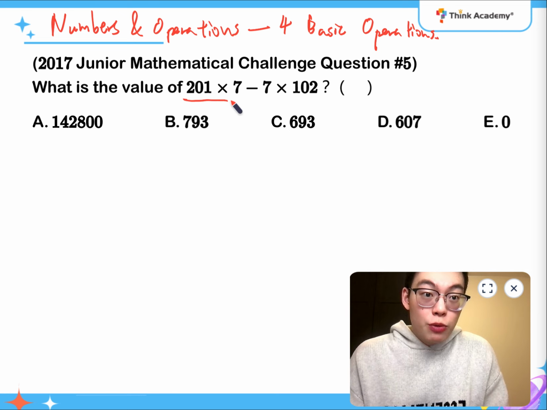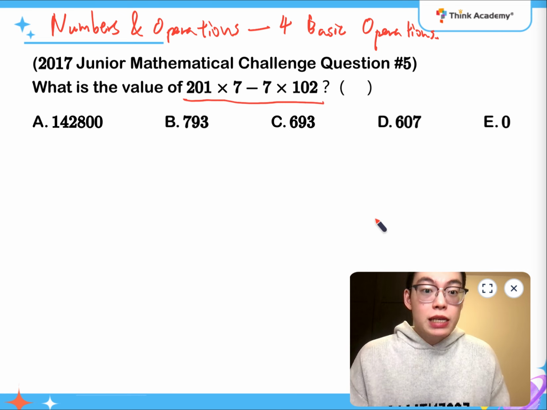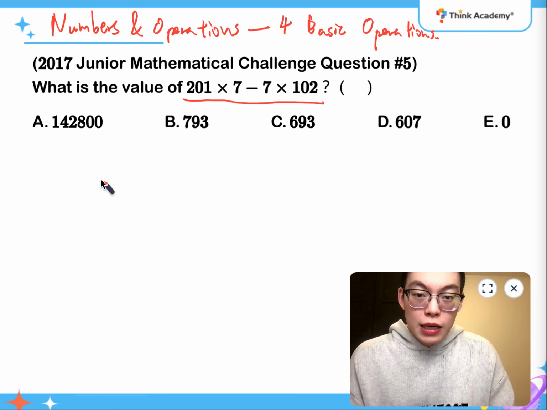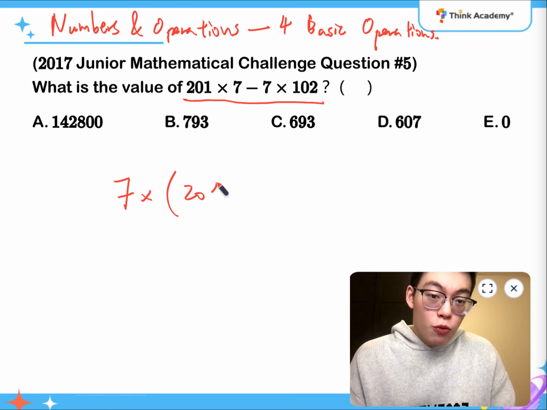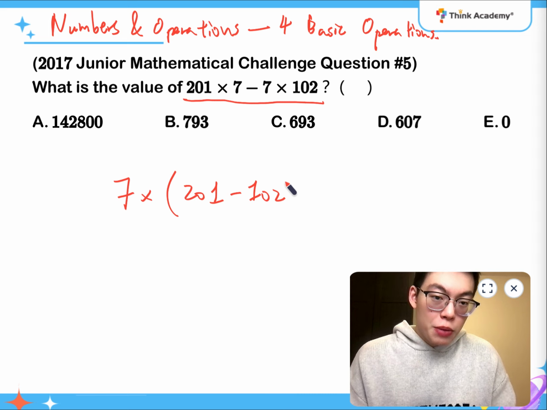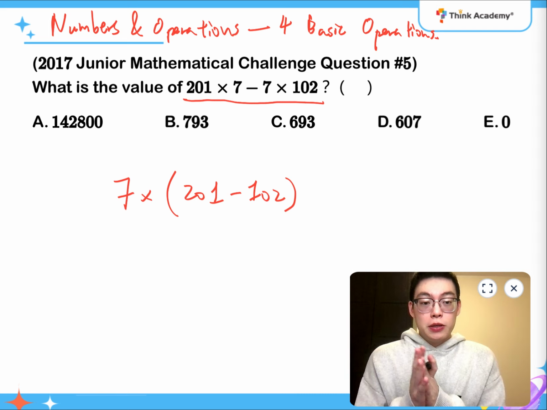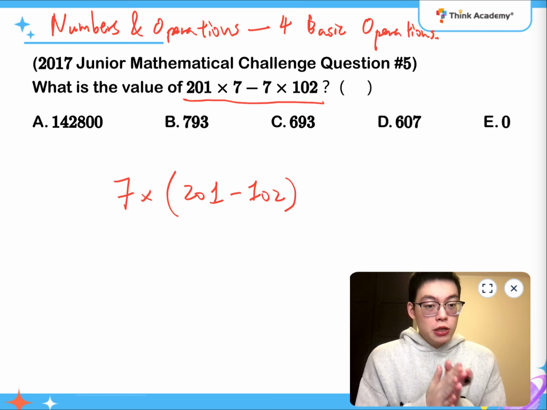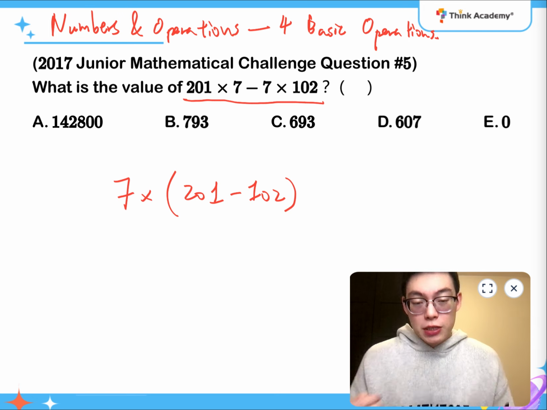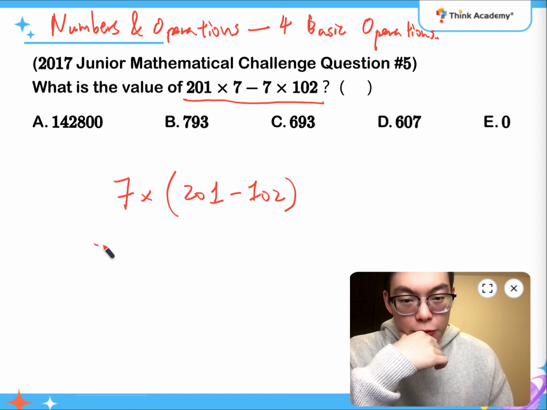So 201 times 7, take away 7 times 102. That's going to be equal to 7 times 201, take away 102 in brackets. That's the distributive law applied in the inverse direction, applied the other way around.